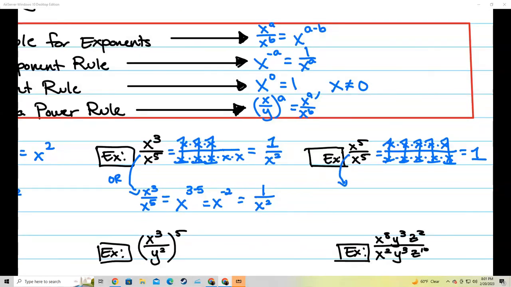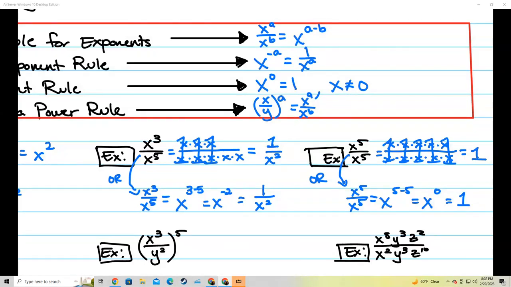If I wanted to shortcut this, x to the 5th divided by x to the 5th, because it's a division, I get to subtract the exponents. That becomes x to the 5 minus 5, which is x to the 0. And according to the shortcut, anything to the 0 power, as long as that x is not equal to 0, the answer is going to be 1. So, we get to see both ways of doing it.